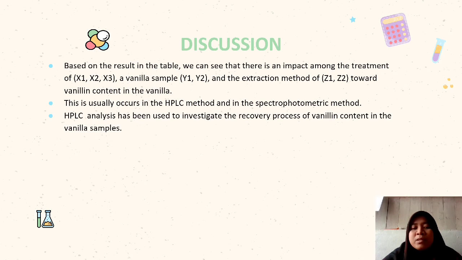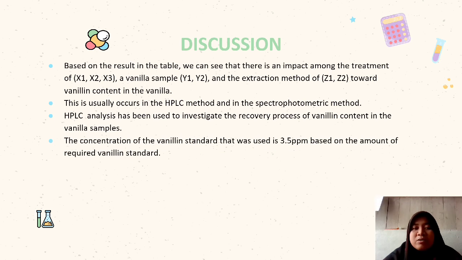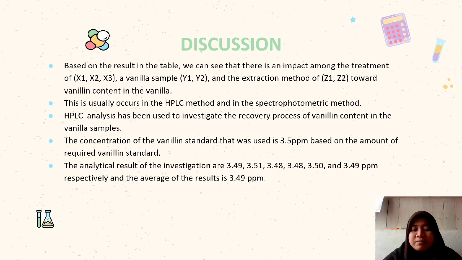High-performance liquid chromatography analysis has been used to investigate the recovery process of vanillin content in the vanilla samples. The concentration of the vanillin standard that was used is 3.5 ppm, based on the amount of the required vanillin standard.